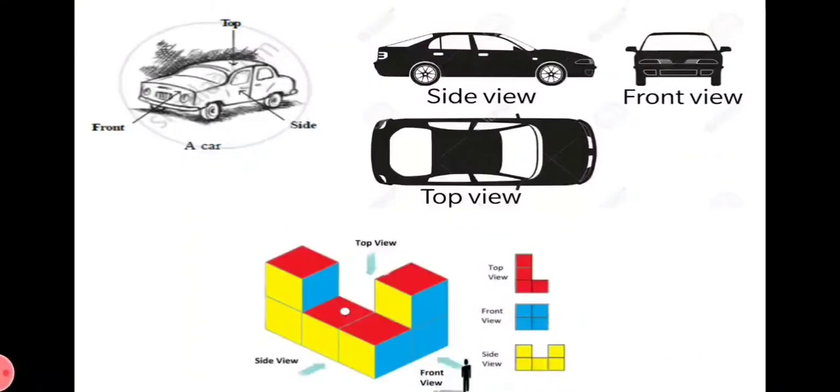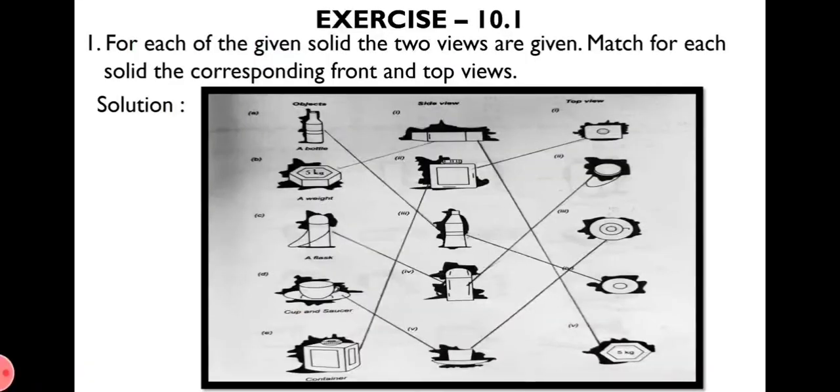Now let's solve the exercises. Exercise 10.1, question number 1. For each of the given solids, 2 views are given. Match for each solid the corresponding front and top views.